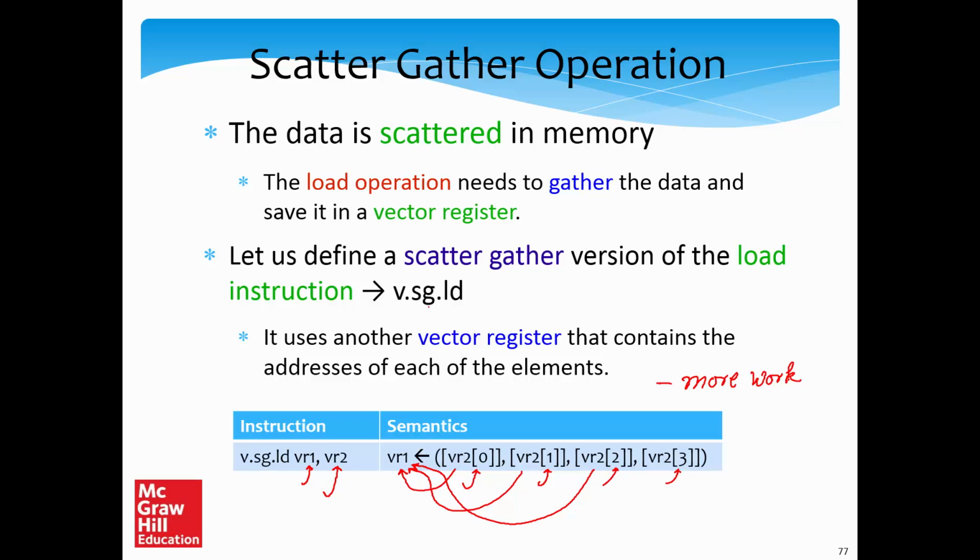Whereas in the previous case, there would have been a strong possibility that we would find all the 4 data items within the same cache line, within the same cache block. That would make it much easier and a single access would suffice. But in this case, much more work is involved. Nevertheless, this instruction also has some advantages, particularly if our program exhibits such kind of scatter gather behavior.